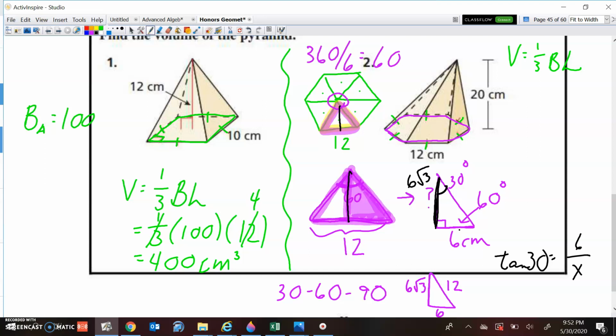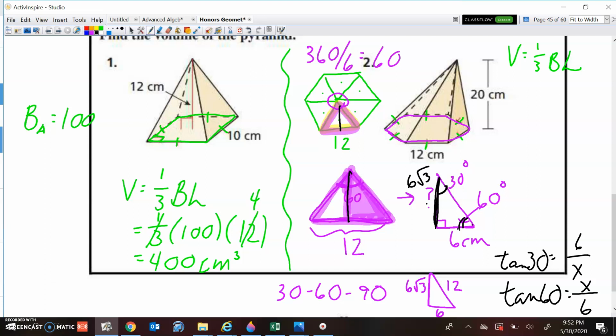Or I could have taken it from this 60-degree angle and said the tangent of 60 equals x over 6, opposite over adjacent. So opposite from this angle would be the unknown over the adjacent 6. My point here is that there's a lot of ways of thinking of it. So if you're one of those people who says, I don't know what to do, there's not one way to do it. Feel comfort in that.